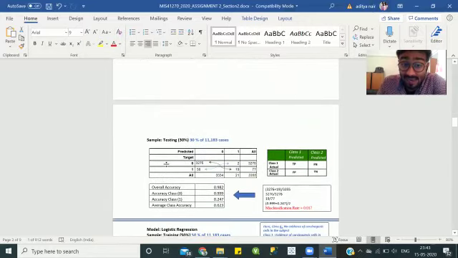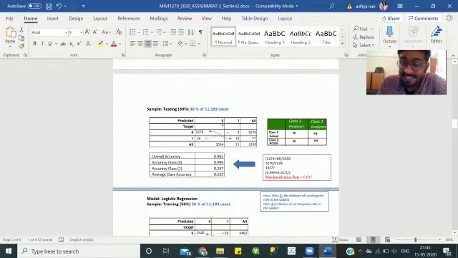Going forward, the main testing data, which is 30% of the total number of cases, we did the same calculation and came out with the same result as in the previous example. But there is another thing over here which I have calculated, which is called the misclassification rate.